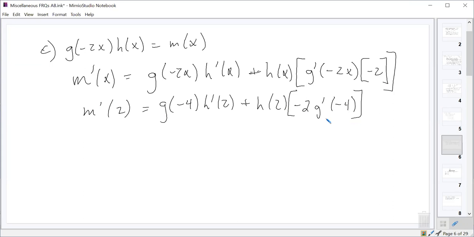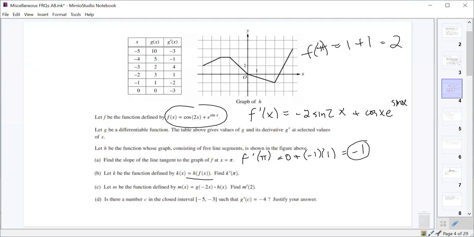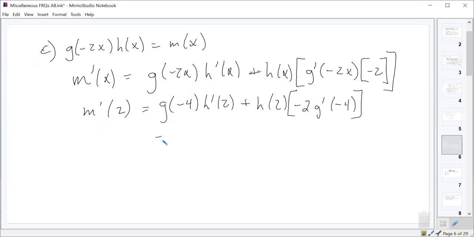Everybody good there? What is g of negative 4? 5. What is h prime of 2? Isn't that the value we found a bit ago? Negative 1/3. What was h of 2? That one you got to find using that slope of negative 1/3. Negative 2/3. And then we got negative 2 times g prime of negative 4.